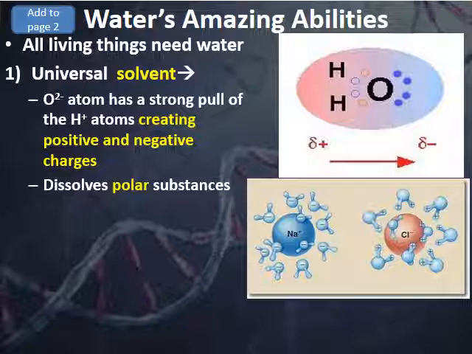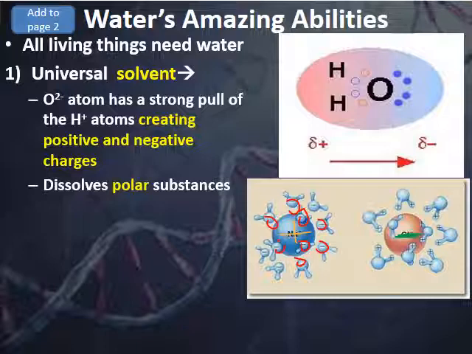For example, if we took salt and put it in water, salt, like sodium and chloride here, sodium is going to be positively charged, where chloride is going to be negatively charged. All the water molecules around our positively charged sodium, all the negative oxygens here, are going to be interacting with the positively charged sodium.